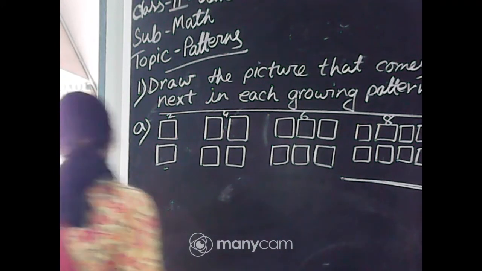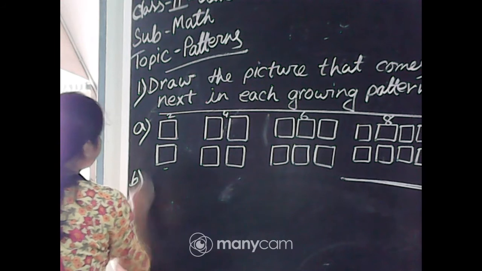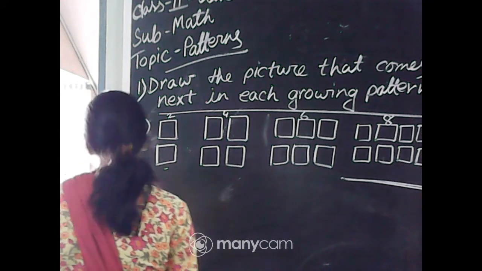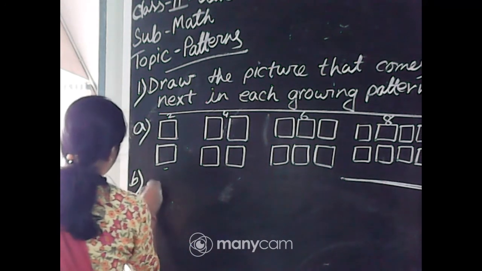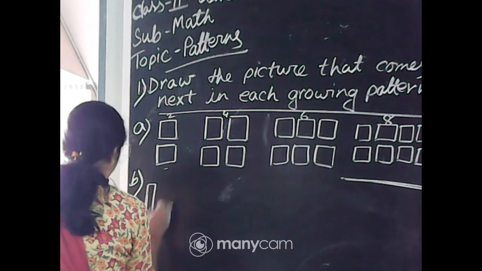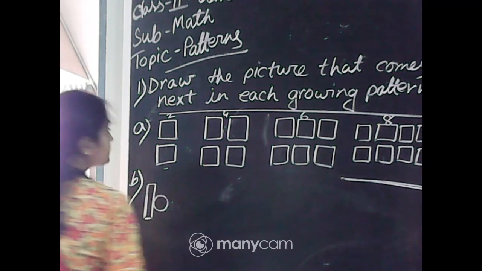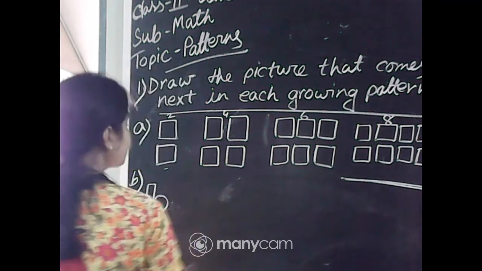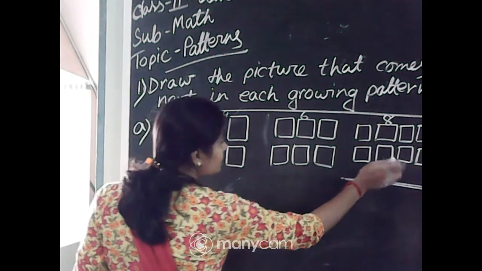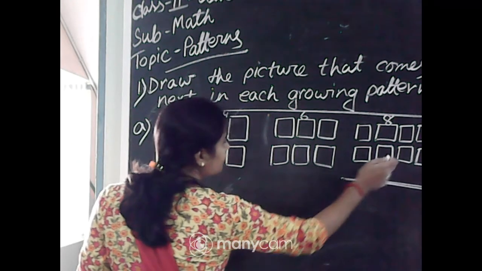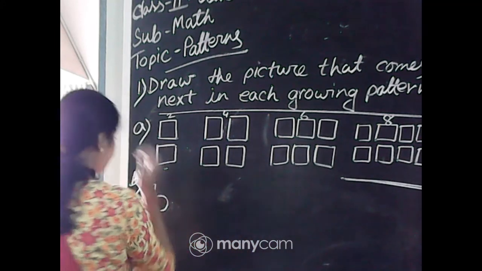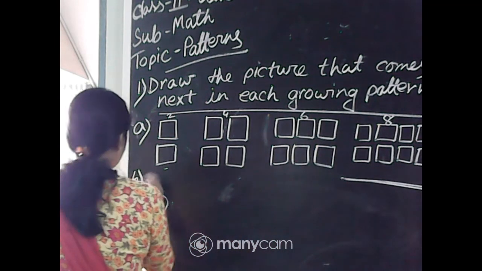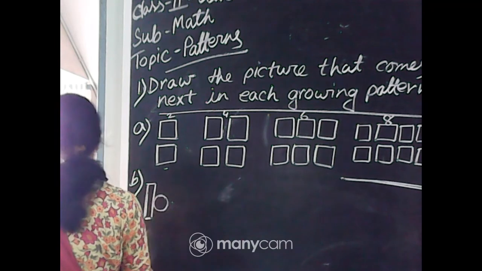Okay? Yes, okay. Sudeshna, Lisa, Shrestha, very good all of you. Next math, number B. This is the pattern. This is a rectangle and then one circle. Yes, please draw in the blank portion. First is one rectangle and one circle.